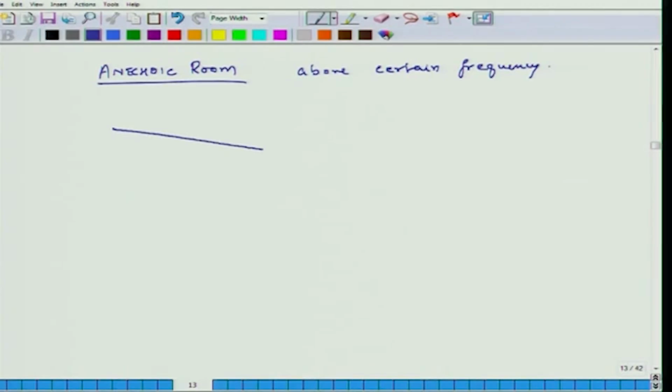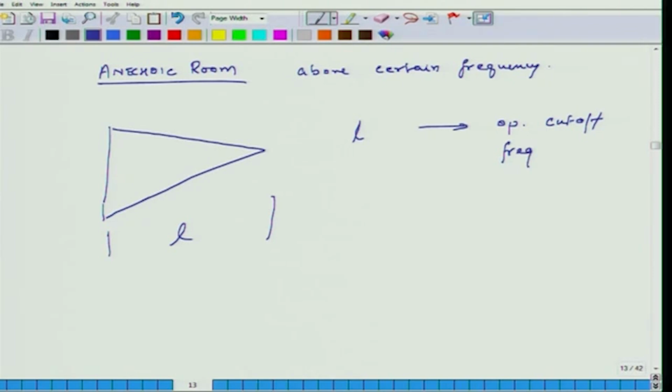Because typically the size of this cone, this L, has some relationship with the operating cutoff frequency. If the value of L is larger, then the cutoff frequency of my anechoic chamber will be lesser.